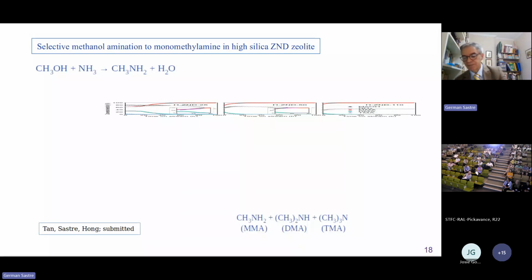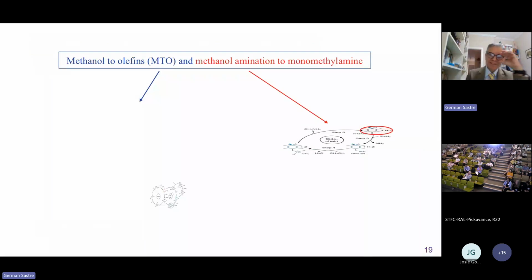So in analogy to the methanol to olefin reaction, because methanol is one of the reactants and is the reactant that is in excess, we propose that similar intermediates are formed. And this in particular refers to one of the important intermediates in this reaction, a cyclohexadiene methylene derivative.